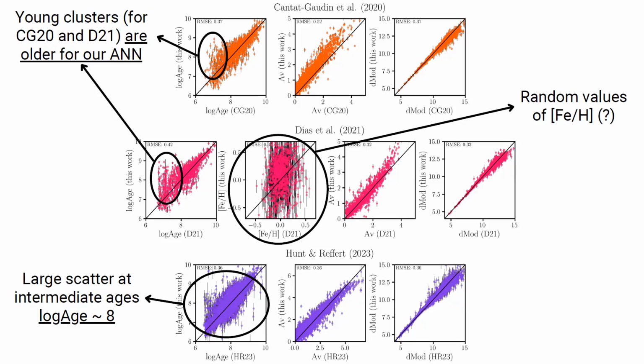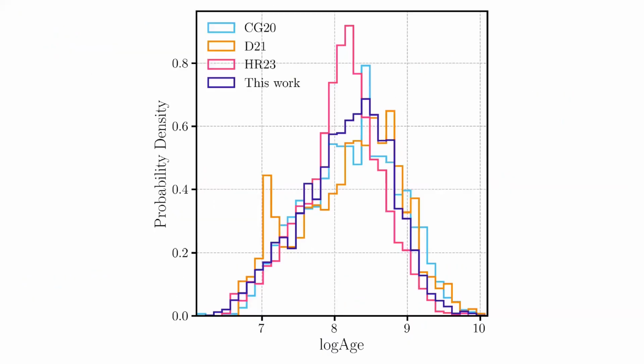You can barely see it because these plots are beautiful, but one very important thing is to look at the age distributions. These are the age distributions of the various catalogs: the ones from Tristan, Diaz, and Hamilton, and the one from our neural network. You can clearly see something important in this plot.